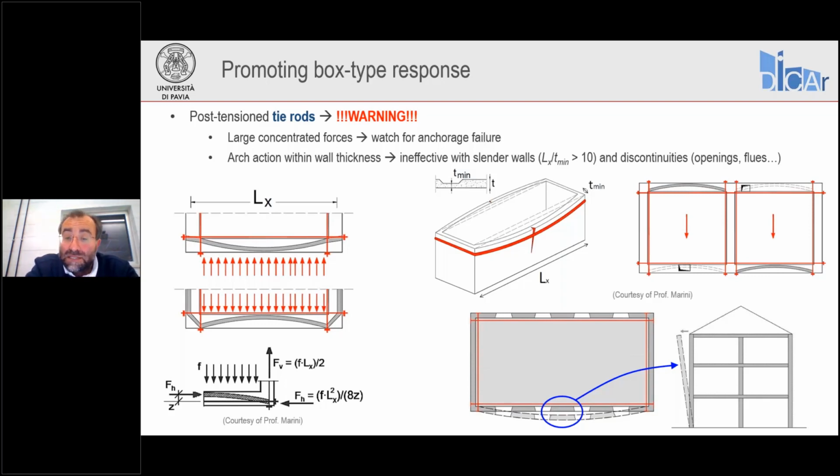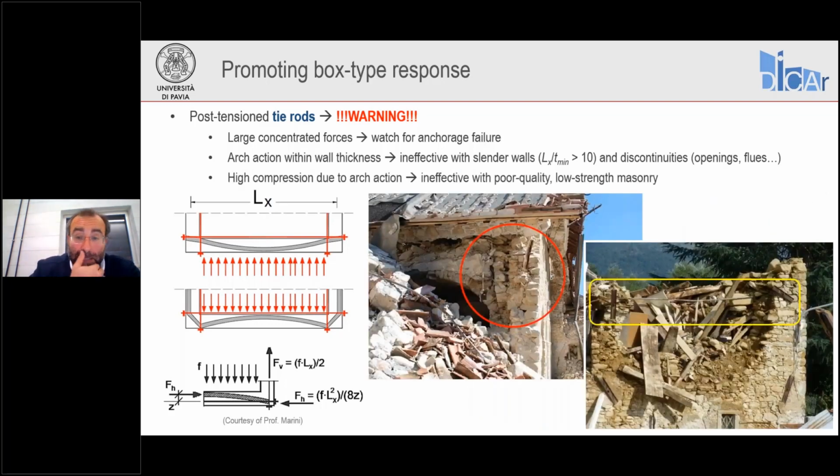So in all these cases, very slender walls, looking at them in the horizontal cross-section, and the presence of openings, we may need to combine our tie rod system with a diaphragm connection and possibly a strengthening and stiffening solution, so as to engage the entire wall, not only its end portions.